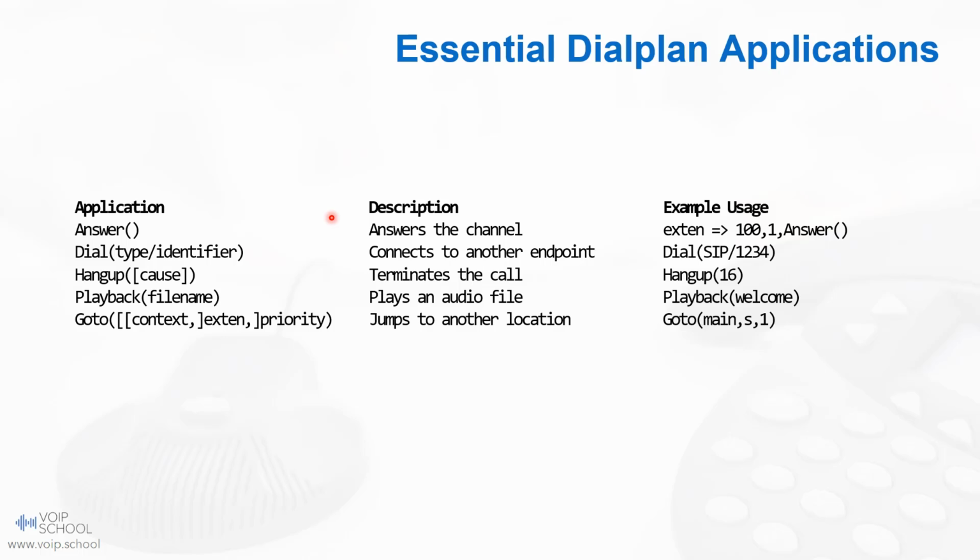Playback plays an audio file, which is useful for providing prompts or announcements. Goto, with context, extension, and priority, jumps to another location within the dialplan, allowing for branching and flow control. These applications, with their respective usage examples shown on the slide, form the building blocks for creating sophisticated call flows and interactive voice response systems in Asterisk.